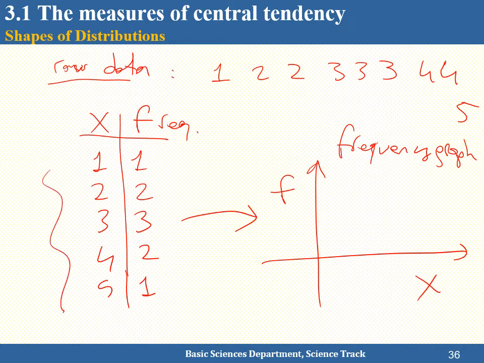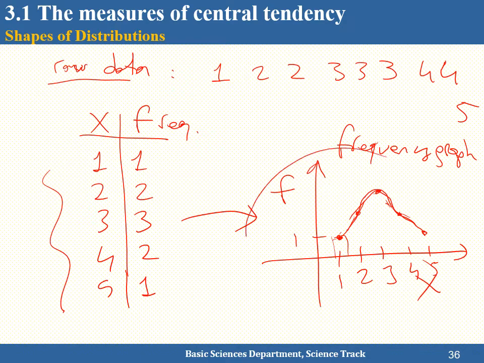Anyway, this is for ungrouped data, so it's just 1 for 1, 2 for 2, 3 repeated 3, then 4 repeated twice, and 5 repeated once. You can do them with bar graphs. If you have more values here, you have more frequencies, and you will get a better graph.